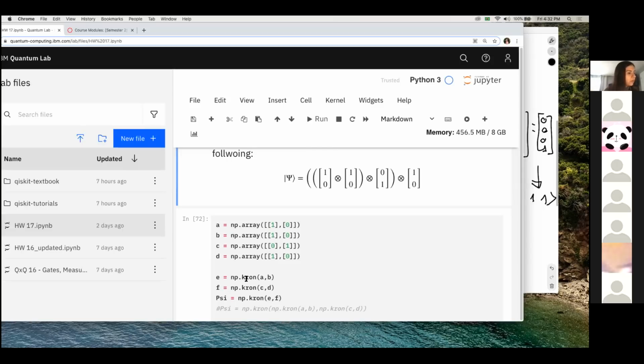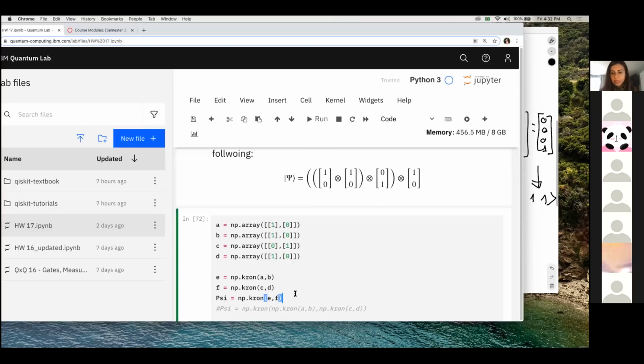I'm going to call the Kronecker product using np.kron, and A and B are going to be these first vectors here. So I'm going to have a new variable that's the product. And I'm going to call another variable F, the product of C and D, as I'm putting the parentheses here. And in the end, I'm going to call psi the Kronecker product of E, the first parenthesis, and F, the second parenthesis.